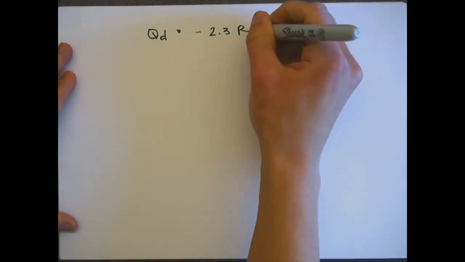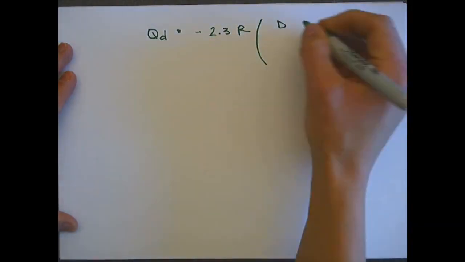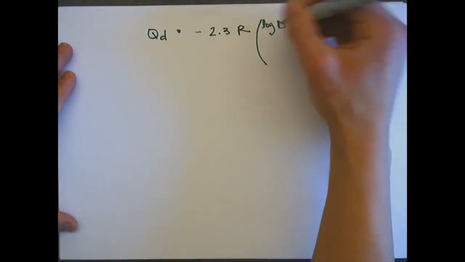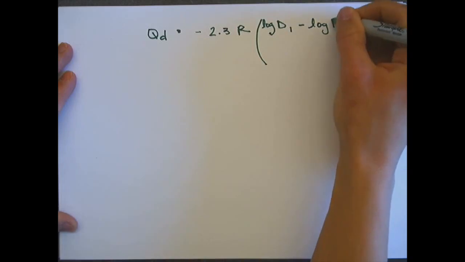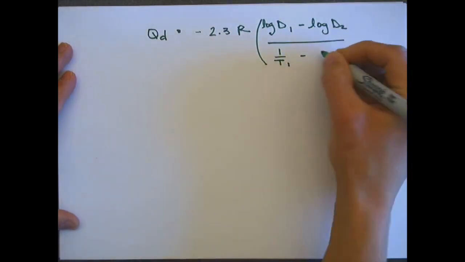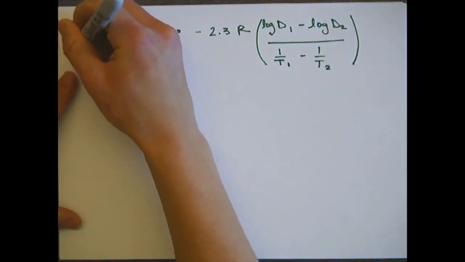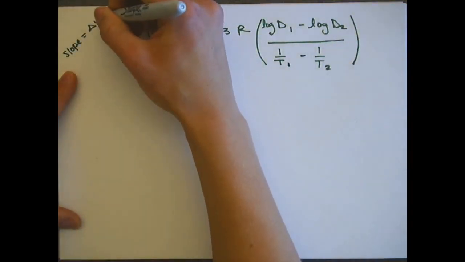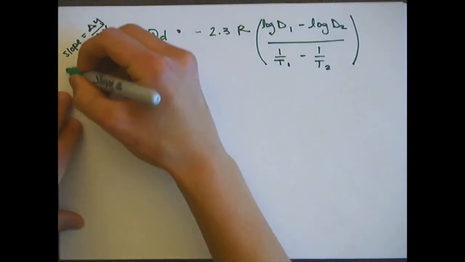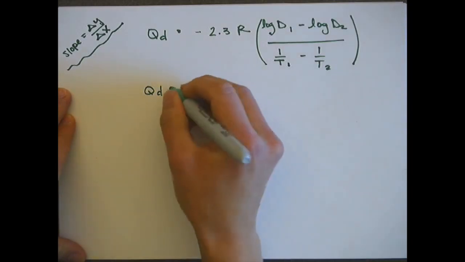So Q_d is negative 2.3R times the slope, the change in y over the change in x. So the change in y is going to be log D1 minus log D2, over the change in the reciprocal temperatures, or the change in x. Remember that slope is change in y over change in x, so we're going to go back to our graph and look at those values in just a second.